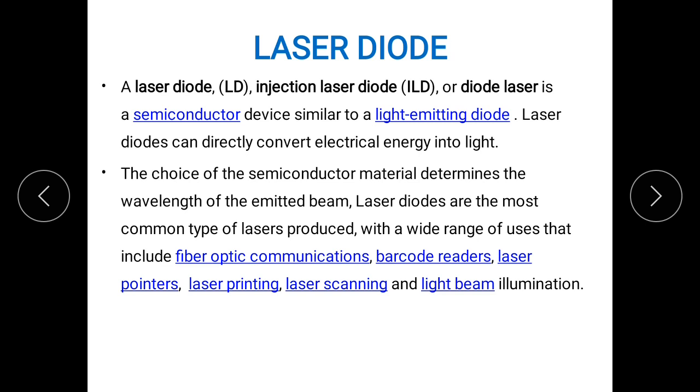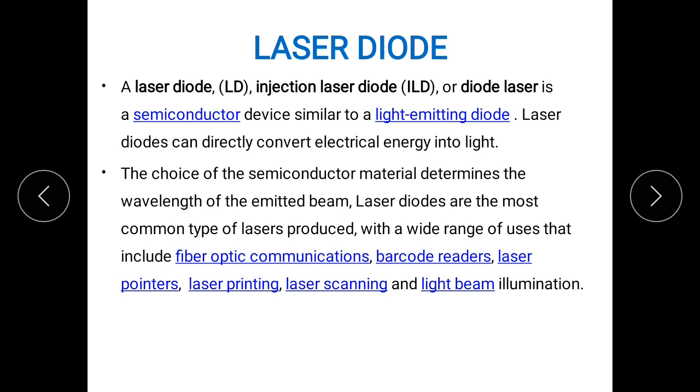And this laser diode is a type of diode. Laser diode is denoted by the symbol LD, or it is also known as injection laser diode, denoted by the symbol ILD, or it is also known as diode laser.